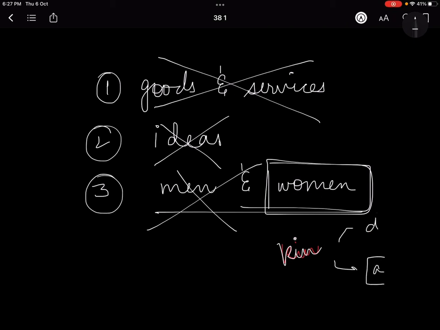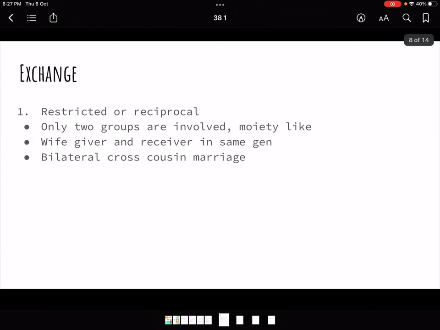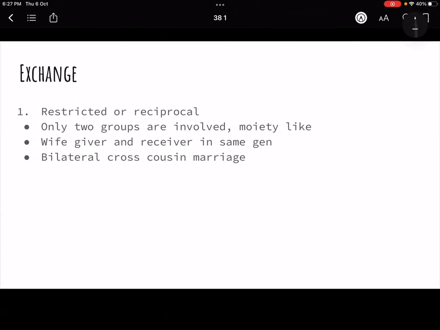In alliance we have talked about Claude Lévi-Strauss's theory of alliance, right? And उसमें he was talking about exchange of women. So now this exchange of women कितने तरीके से हो सकता है, how many ways are there to exchange women, we are going to read about that.